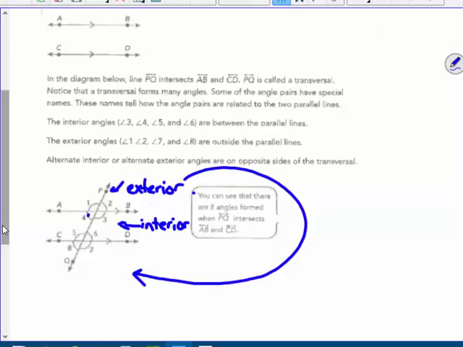Angle 4 is on the left and angle 6 is on the right. Angle 2 is alternate exterior with angle 8. Angle 2 is on the right and angle 8 is on the left. They are both outside the parallel lines and on opposite sides of the transversal. So you've learned about interior and exterior and alternate interior and alternate exterior. You need to know those.